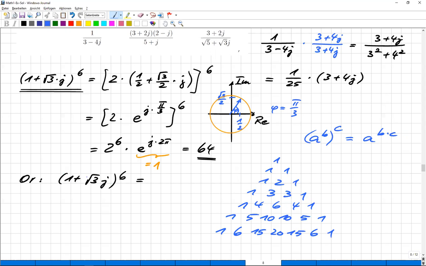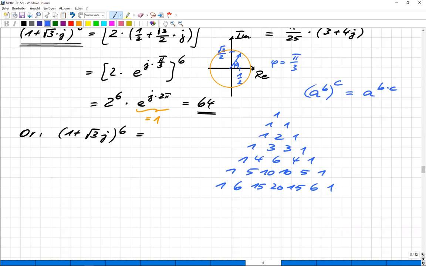Did anybody put the brackets there and then again really multiply it? That's possible, but that's at least as much effort as using the binomial coefficients for that case. What I mean is I would have to take, by that scheme, 1 to the 6 plus 6 times 1 to the 5 times root 3 j.